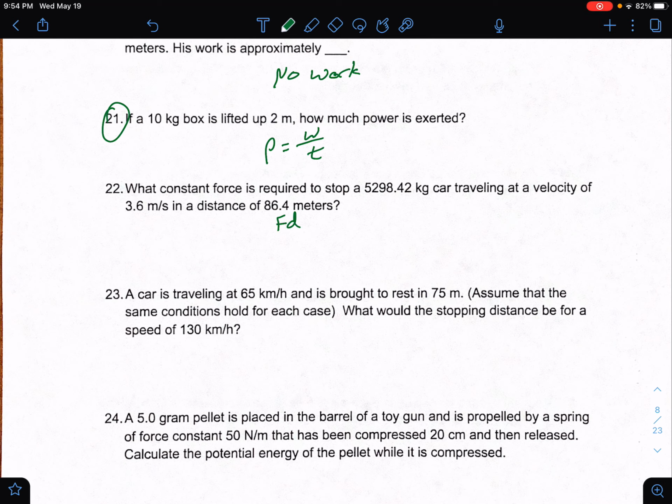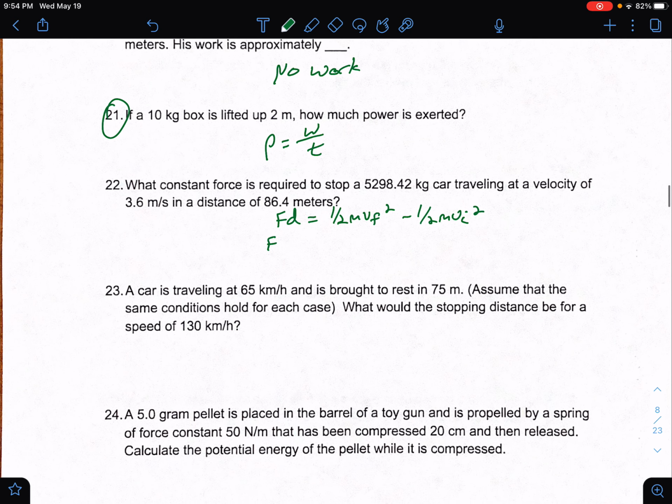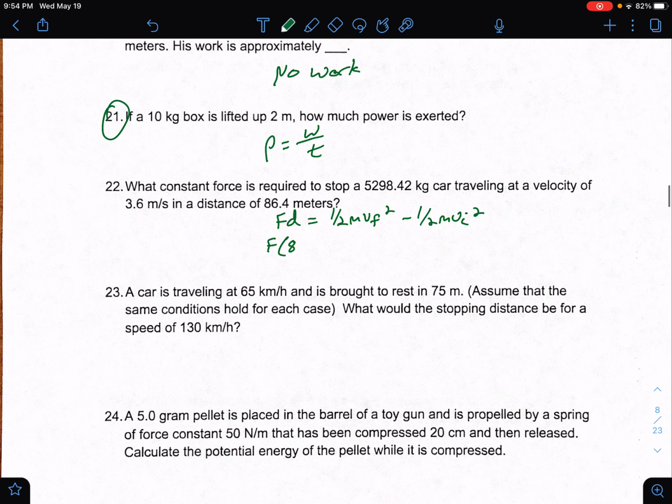So force times distance, which is work, equals 1/2 mv final squared minus 1/2 mv initial squared. Okay, so I'm looking for force, so leave it as force. My distance is 86.4 meters equals 1/2 mv final squared. So my mass is 5,000. Let me fix that.